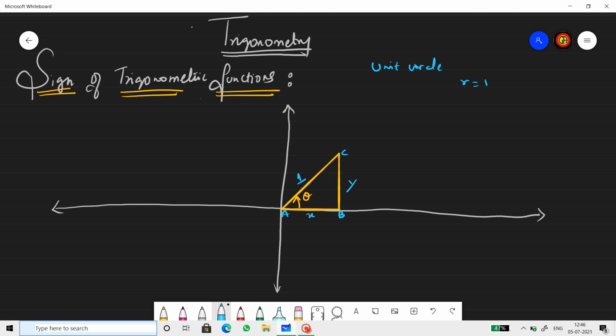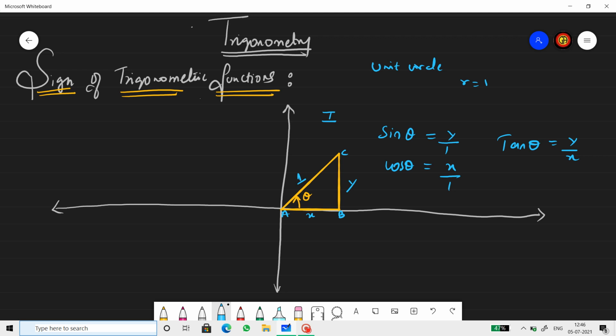Now, in the first quadrant, sine theta is y by 1. Cos theta is x by 1. Tan theta is y by x. So that means the first 3 trigonometric functions are positive.